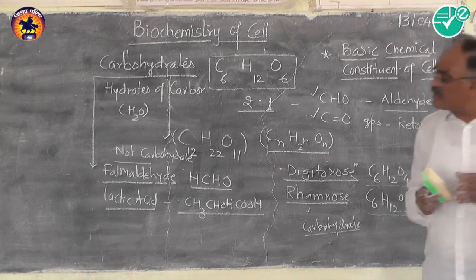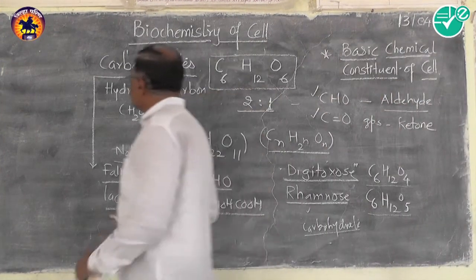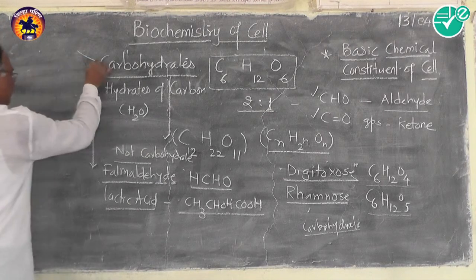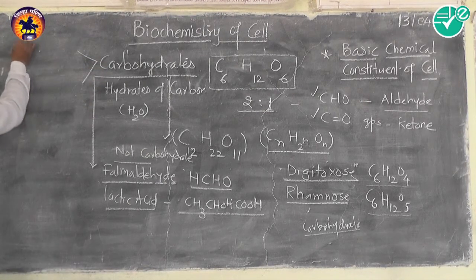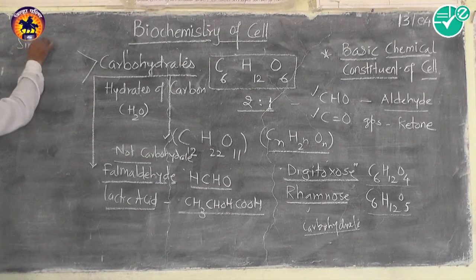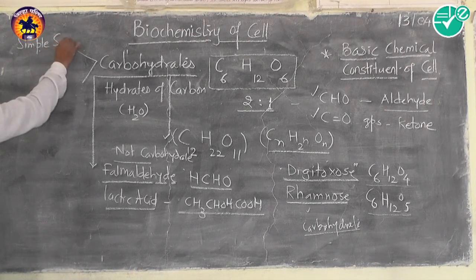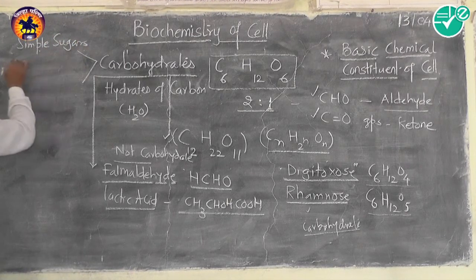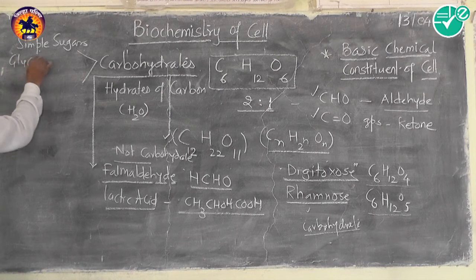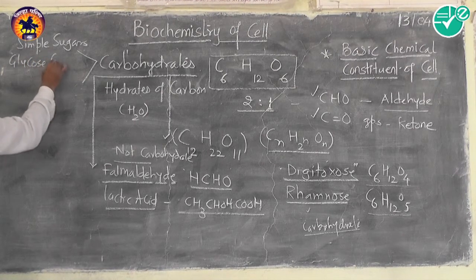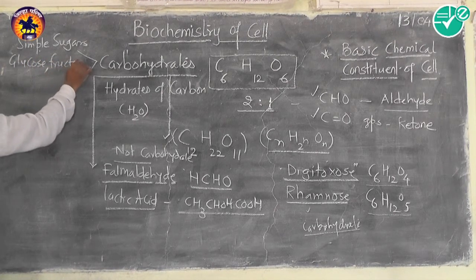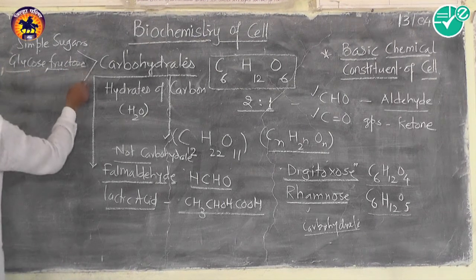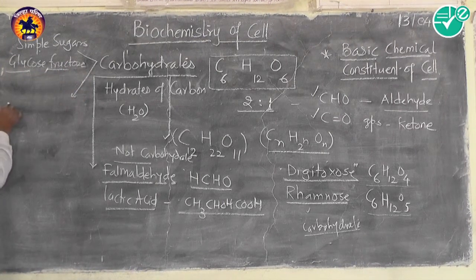The simple carbohydrates are simple sugars like glucose and fructose, and the complex carbohydrates are starch and cellulose.